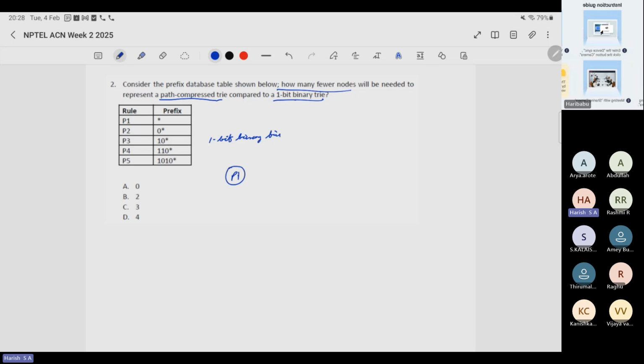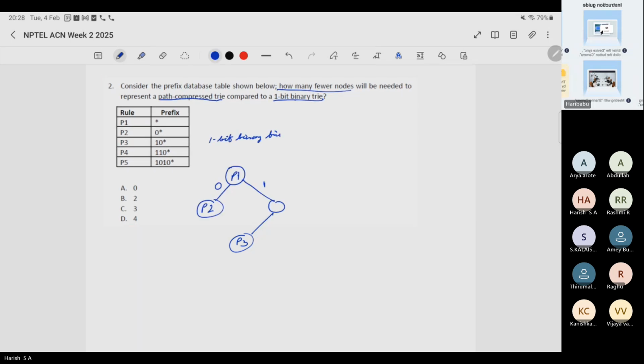This is P1, and then P2, and then 3, and then P4 is 1. You can also try and answer this question if you can.